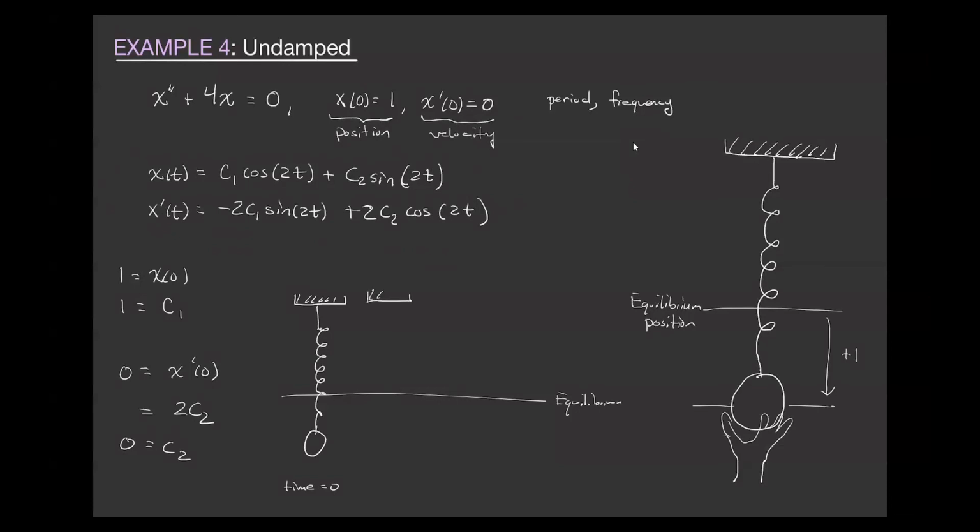Then at some time a little bit after that, it's going to start moving upward. Eventually you pass through here, but you're still moving upward, in fact even faster upward. That's going to cause the mass to overshoot. Then eventually you'll stop.